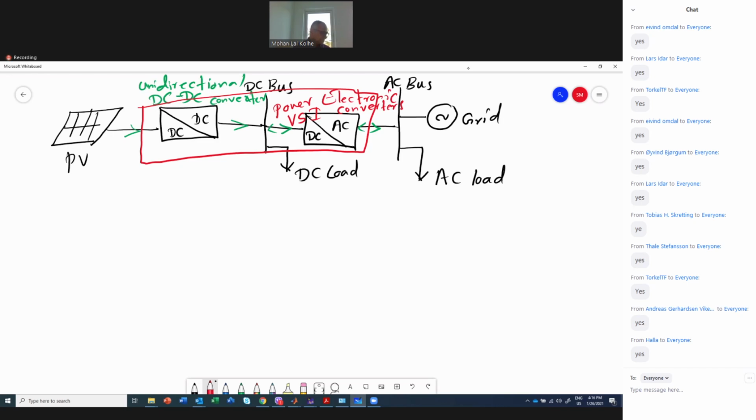With HOMER, what we did was we sized this PV module and the grid component. That means in workshop one, we knew this AC load and DC load. For ease, I'm just taking these two components as the load.